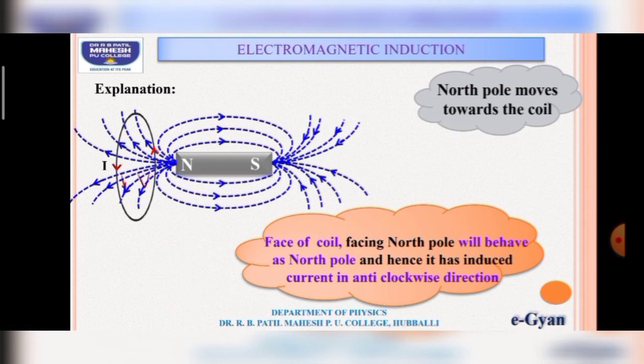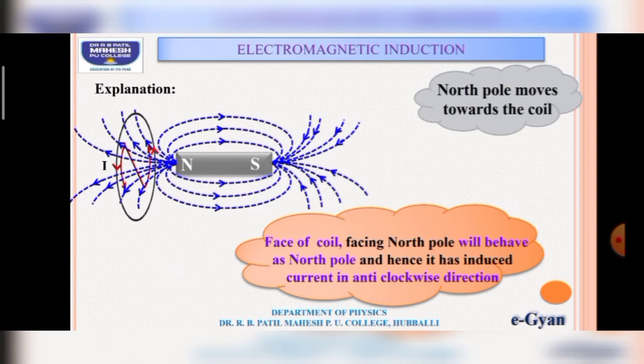It is shown by this notation. Can you see the red symbol here? It represents the north pole. If the face facing the magnet is a north pole, then the current flow in the coil will be in the anti-clockwise direction.